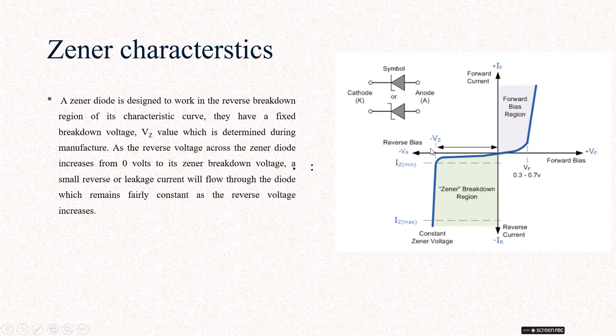After that Zener voltage, observe the characteristic curve: the current breaks down. The current varies from minimum Zener current to maximum, while the Zener voltage stays constant, as you can see in the characteristic curve during the reverse bias conditions.